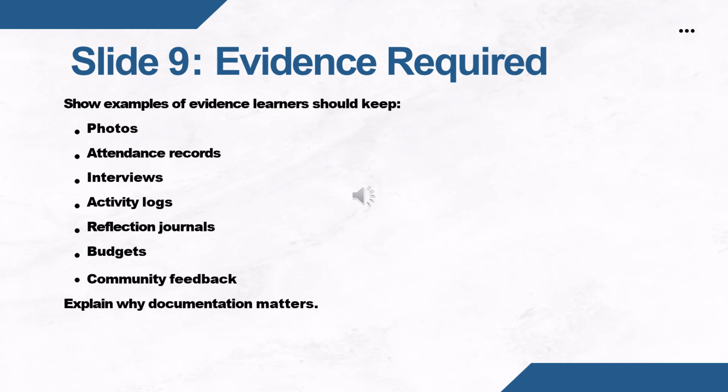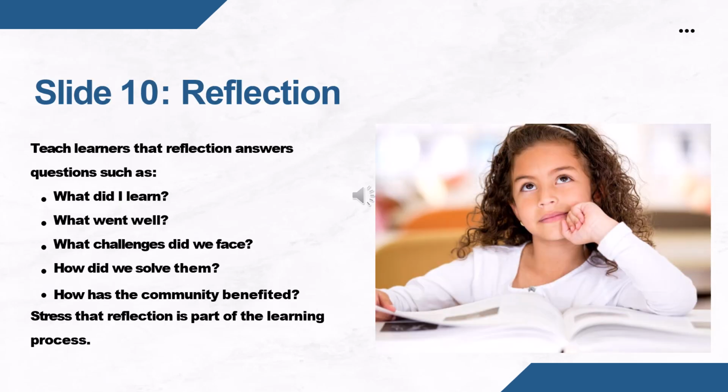Finally, community feedback is important because it helps learners understand where the project made a positive difference and how it could be improved in future. Good documentation provides evidence of learning, supports project assessments, and demonstrates the positive impact of the community service learning. It also helps a learner tell the story of their project with confidence and accuracy.